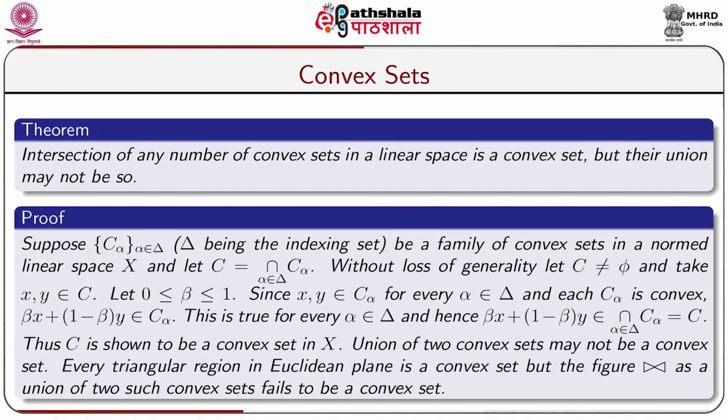Now, let us take a theorem. Intersection of any number of convex sets in a linear space is a convex set, but their union may not be so. The proof looks like this. Suppose {C_alpha}, where alpha belongs to delta, delta being the indexing set, is a family of convex sets in a normed linear space X, and let C equal the intersection of C_alpha, taken over alpha belonging to delta.